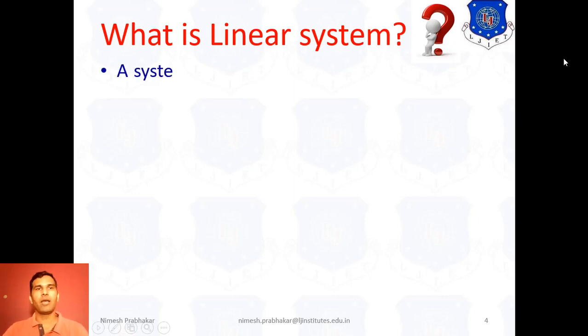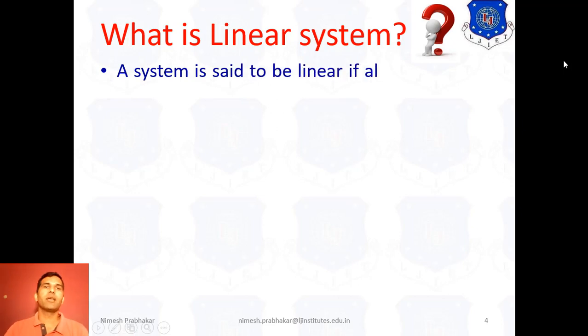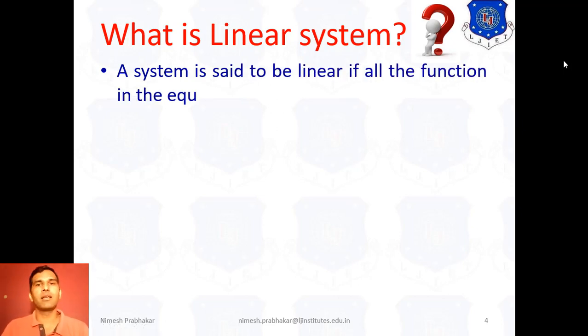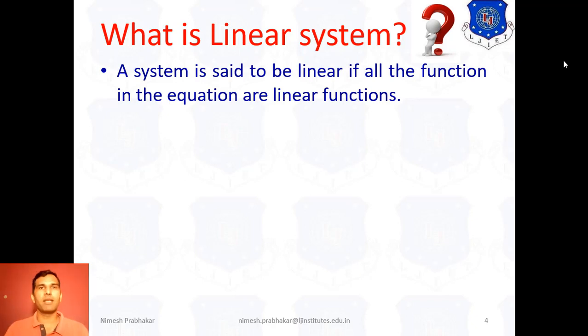A system is said to be linear if all the functions in the equation are linear functions. That means we write the mathematical equation of that system and all the terms in that equation must be linear. Then that system is said to be a linear system.